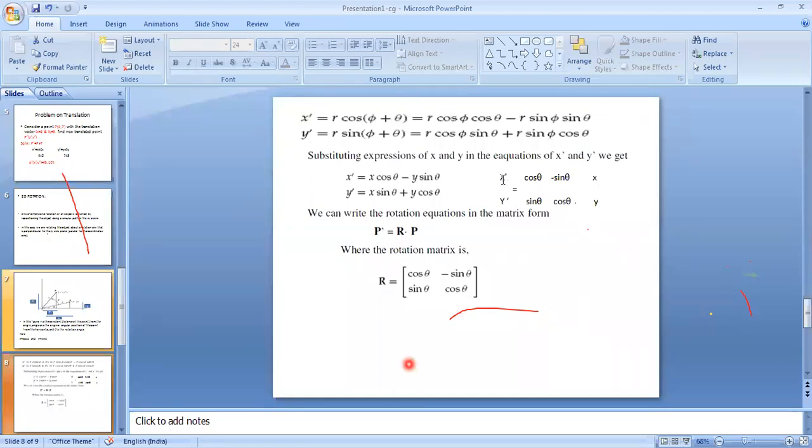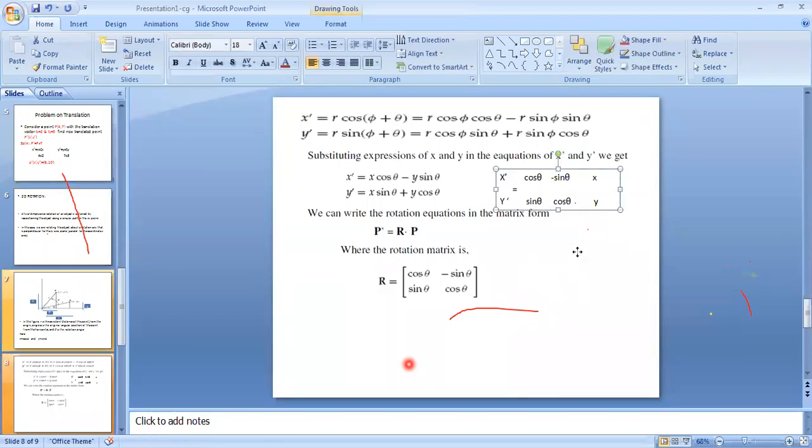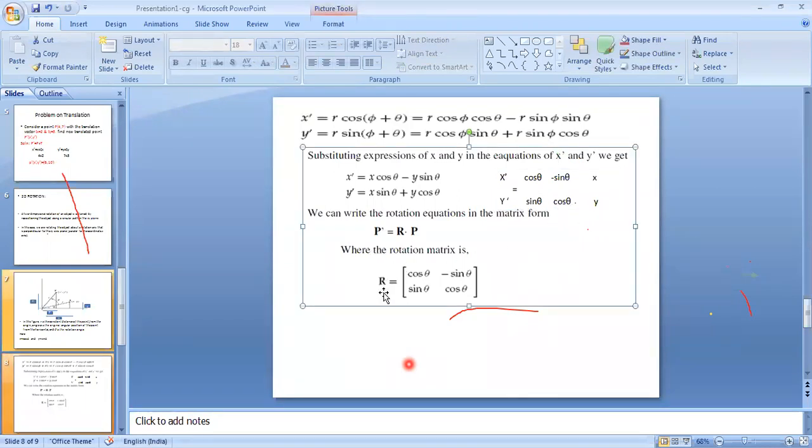I can represent this as P' is equal to, where this x and y are my P, the matrix with cos theta, minus sin theta, sin theta, cos theta. So what is my rotation matrix? My rotation matrix is this cos theta, minus sin theta, sin theta, cos theta. So that is my P' is equal to R into P.